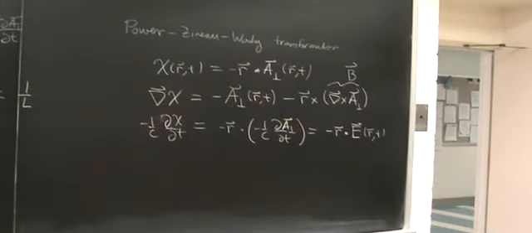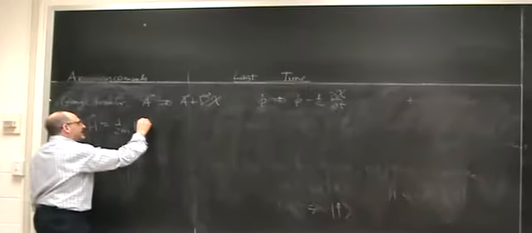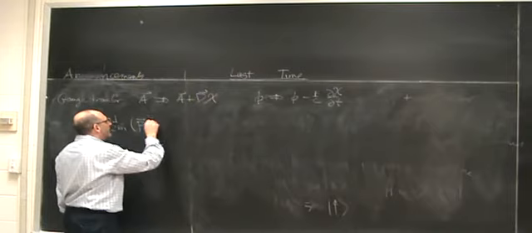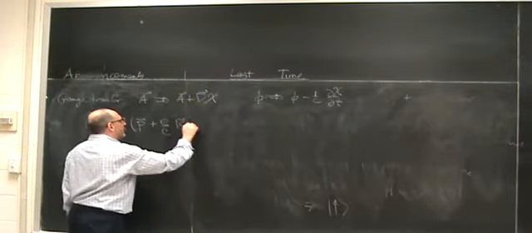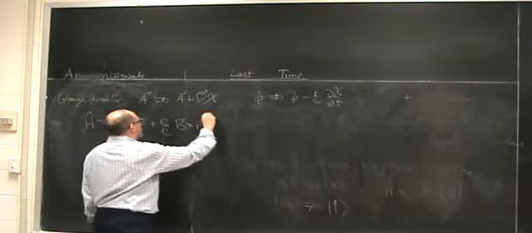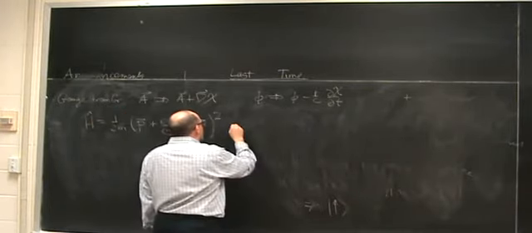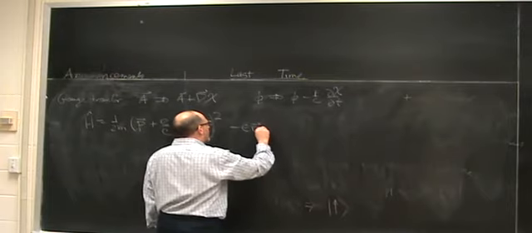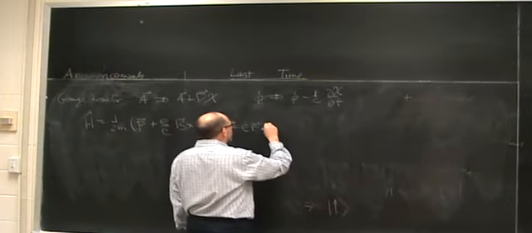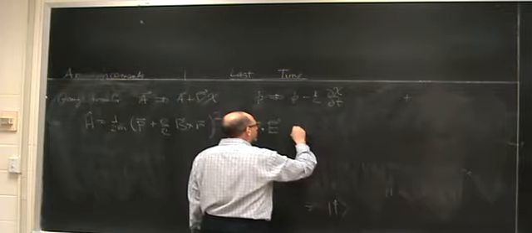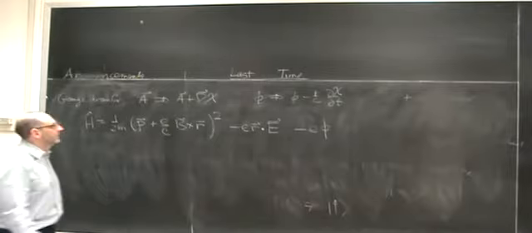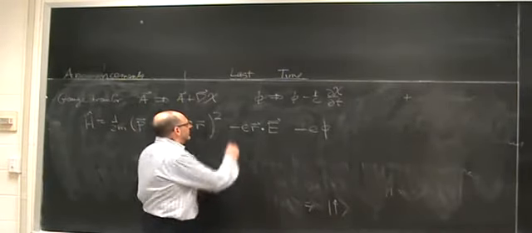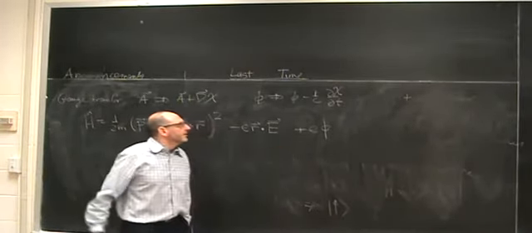So H now looks like 1 over 2m times P plus e over c B cross R, squared, minus e R dotted into the electric field, minus whatever the old scalar potential was. Sorry, yes, it's plus.